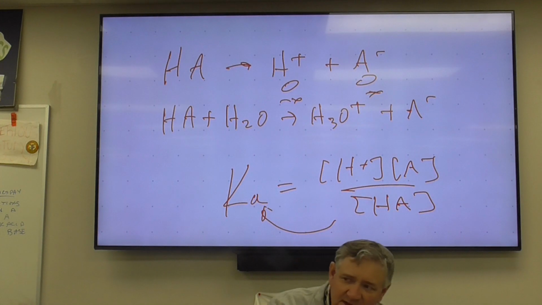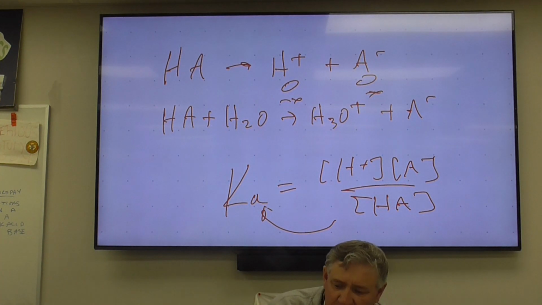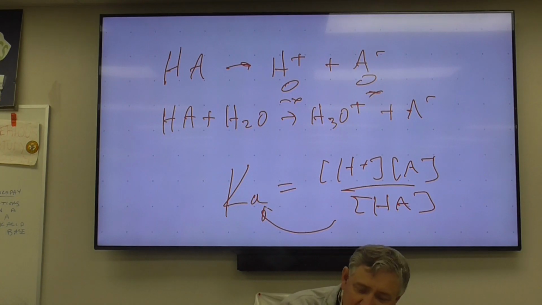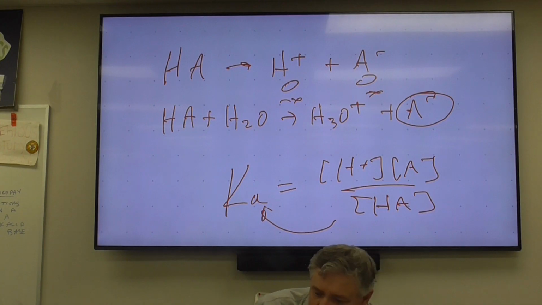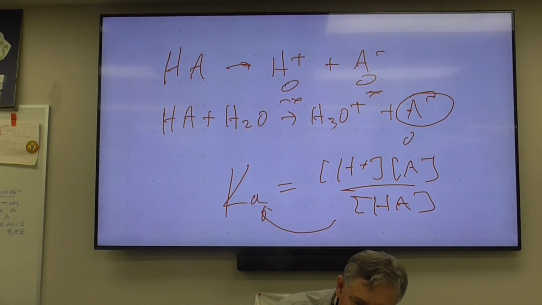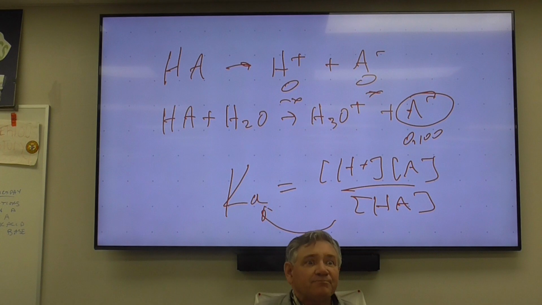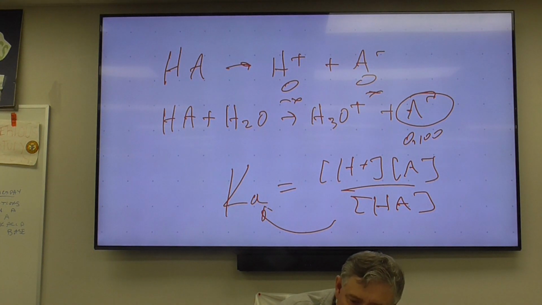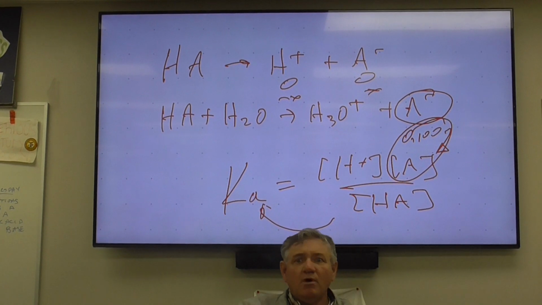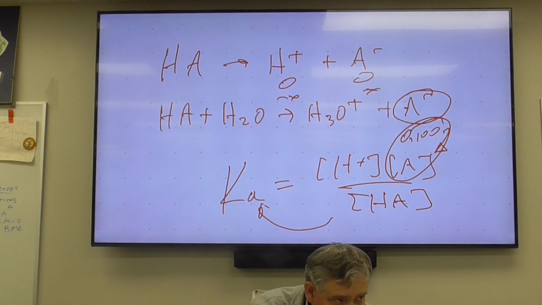The only thing that happens on problem number 2 is that now this becomes a buffered solution. So instead of that anion concentration starting at 0, now it's starting off at 0.1. So this is the mathematical part of it. This now instead of x becomes 0.1. That's a much higher concentration.